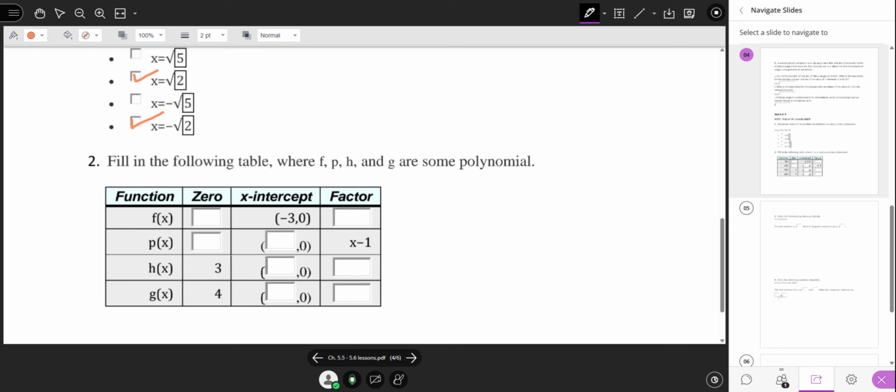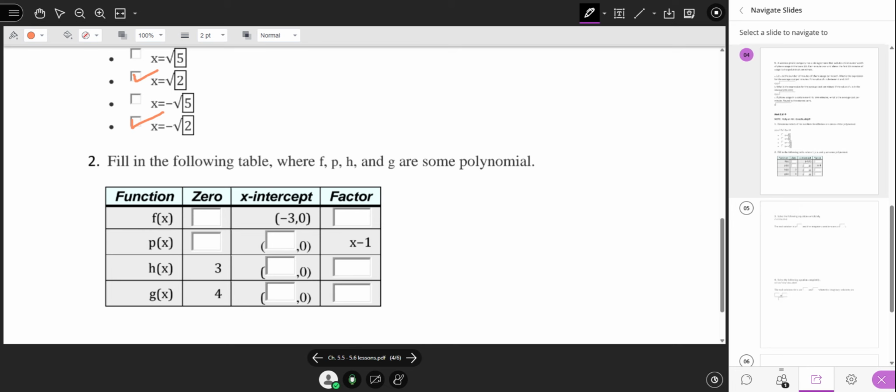Okay? If I look, it crosses at 5. Okay? That's my X intercept. I would just say X equals 5. X equals the square root of 2. X equals the negative square root of 2. Those are my x-intercepts.